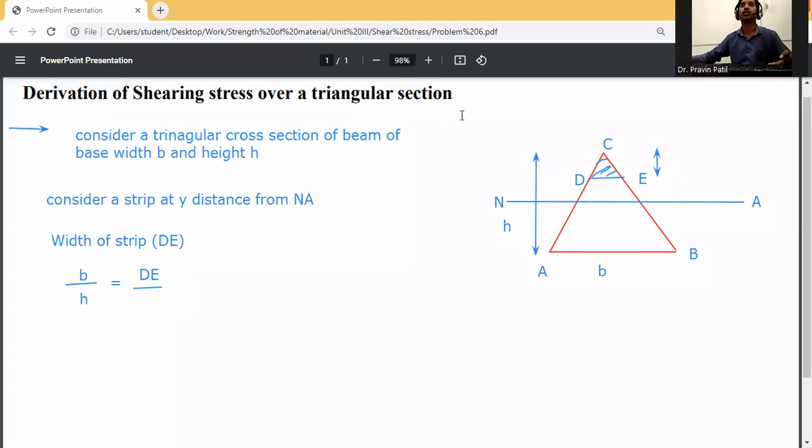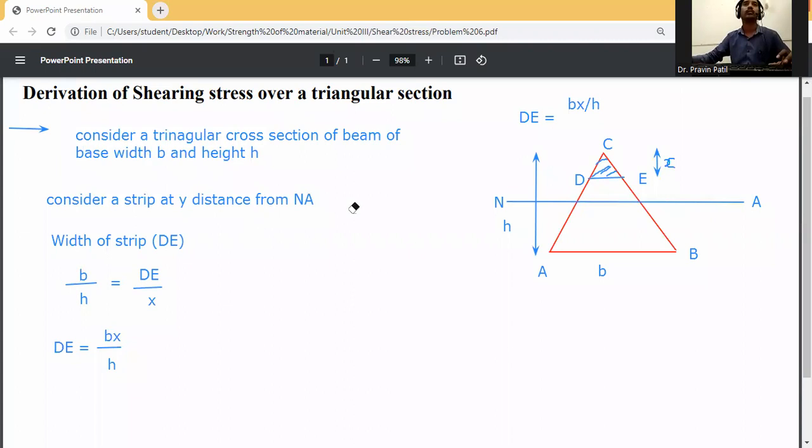So we get DE is equal to bx by h. So this base will be bx by h. I will write down here, DE is equal to bx divided by h.